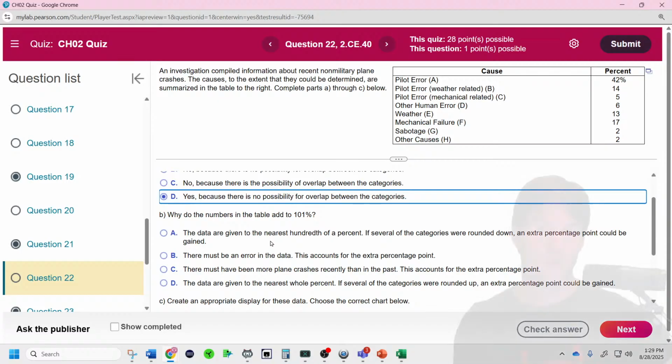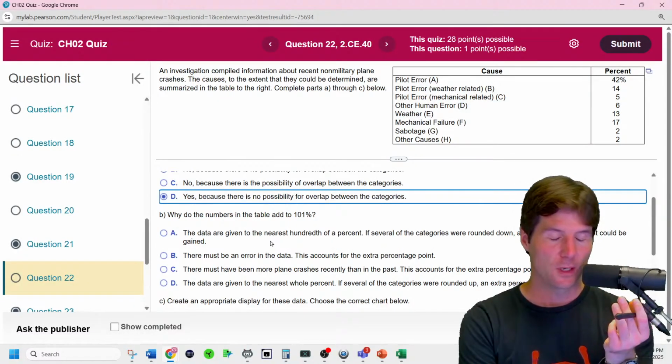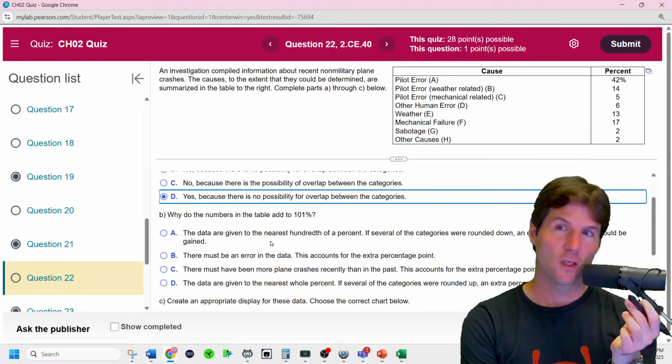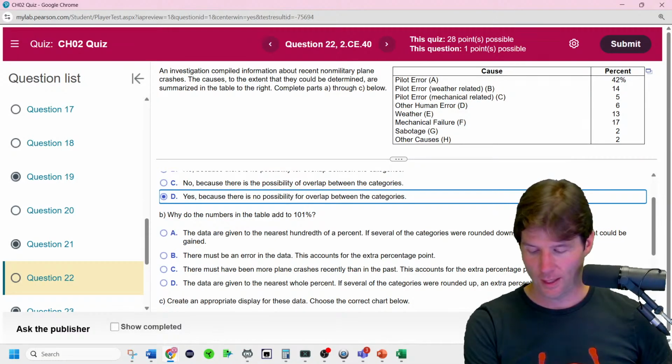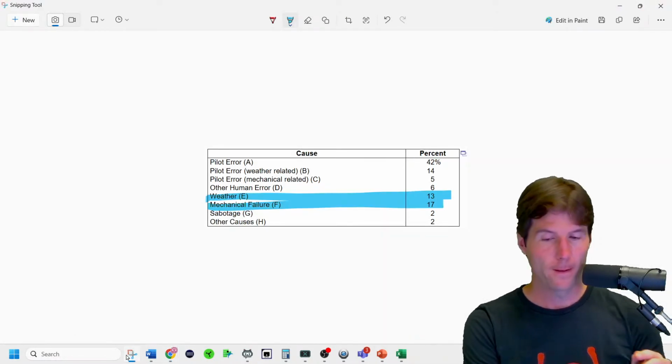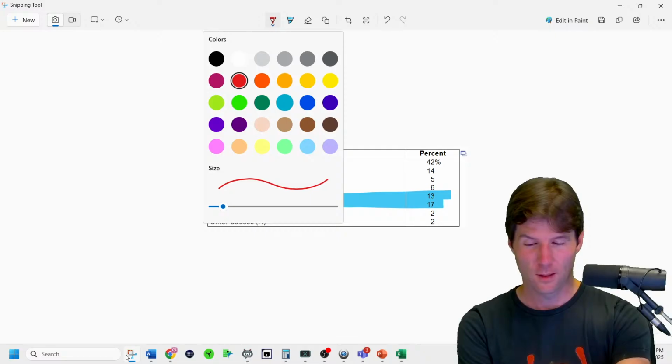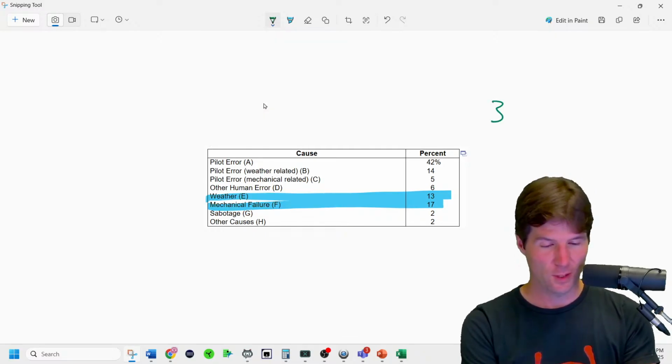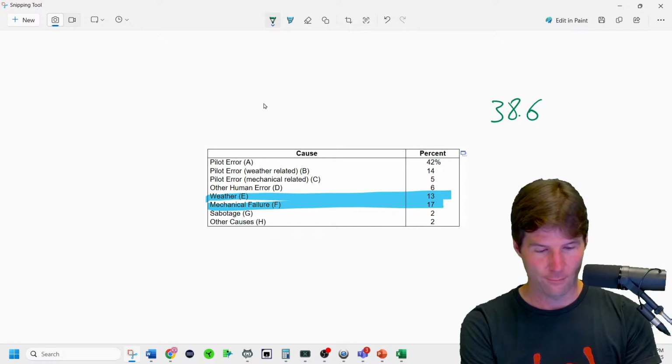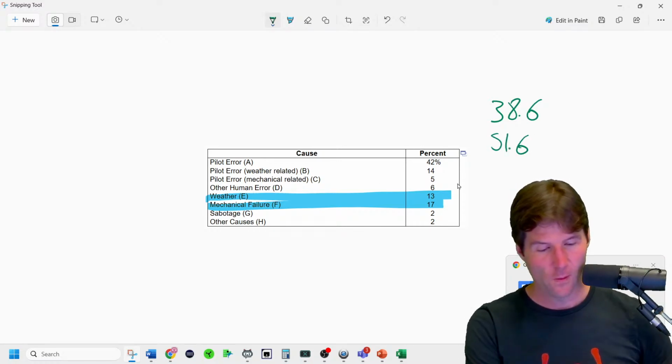This is an interesting thing that happens with tables. What can happen is numbers will sometimes round up. Like if you have values in a table, like the following, you have data where it's 38.6 and 51.6.